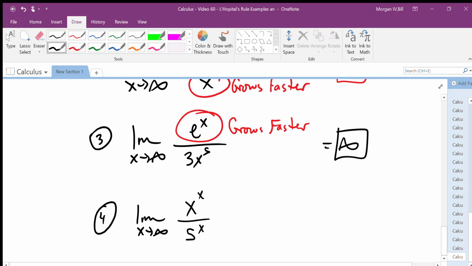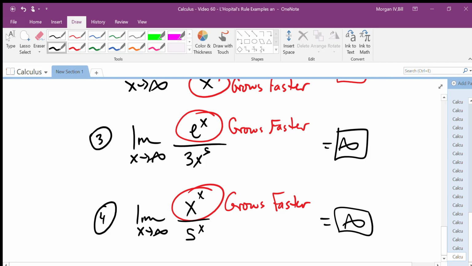But as x continues to get larger, right, 100, 100 to the 100th is larger than 5 to the 100th. So the x to the x grows faster as x goes to infinity. And since it's in the numerator, this thing is going to equal infinity. So that's a little bit more on L'Hopital's rule and growth rates.